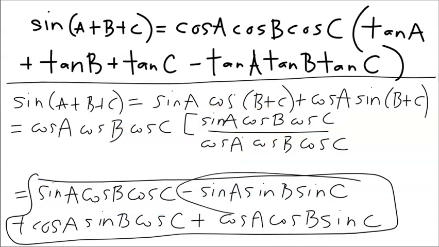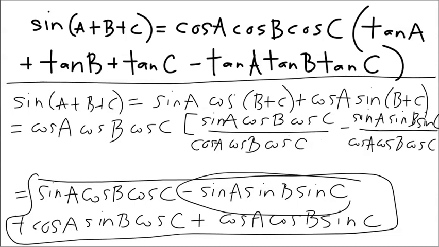We'll do the same to this term. So this becomes minus sine A sine B sine C over cosine A cosine B cosine C right there, and we'll continue with the rest of the terms in a similar way.